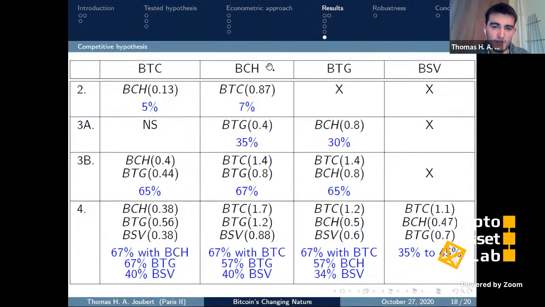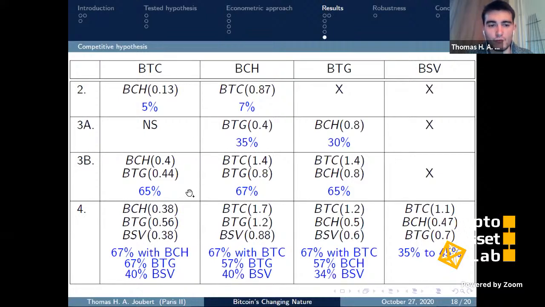Finally, the fourth hypothesis studies the competition between cryptocurrencies. Basically, the results are completely in line with the earlier ones, because in 2017 we find that the returns of cryptocurrencies do not explain very well the variation between them. But over time, they have become better and better linked.